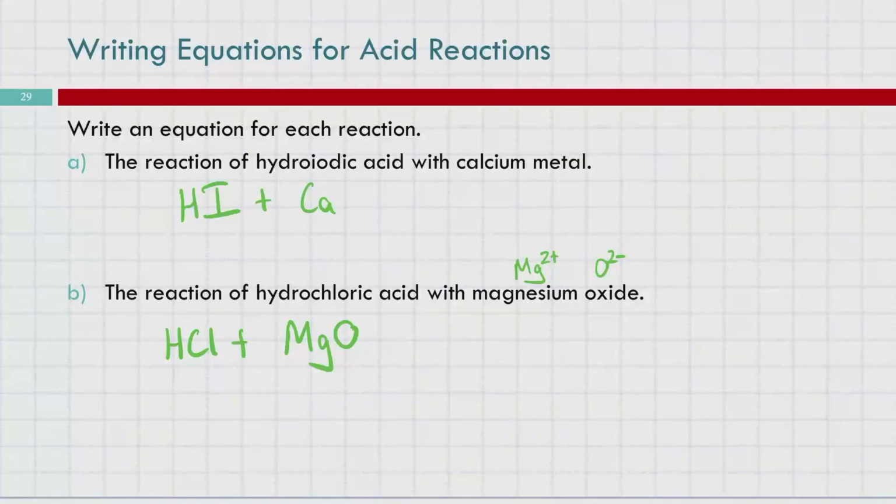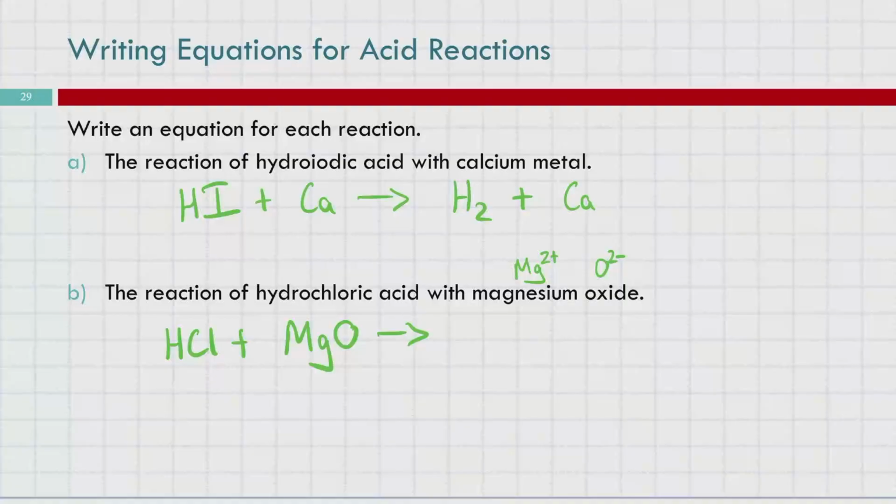Okay, so our products. For a metal like calcium dissolving in an acid, one of our products is going to be hydrogen gas. The other is going to be a salt. So everything that's not hydrogen gets added together. So our calcium and our iodide are going together.